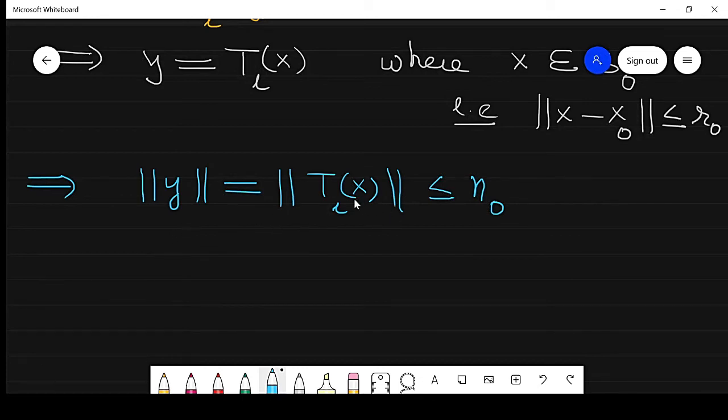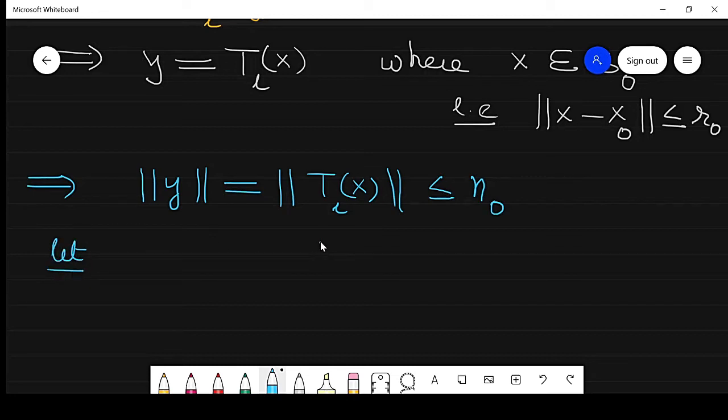Why? Because x belongs to S0, and S0 belongs to Fn0, and every element of Fn0 satisfies this condition. Now we already did that.